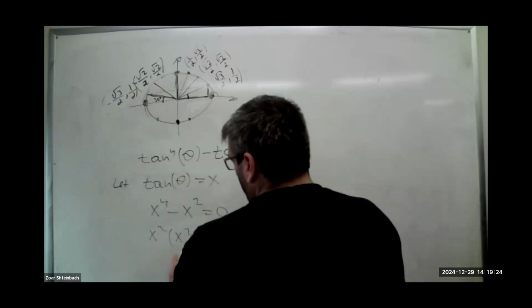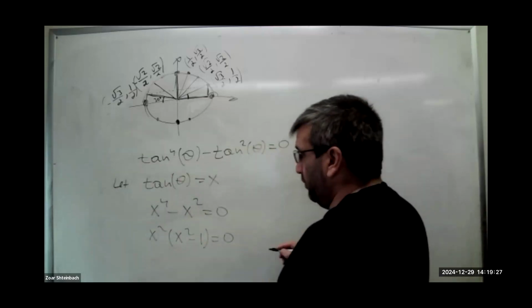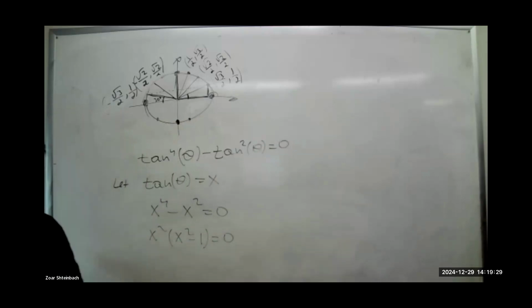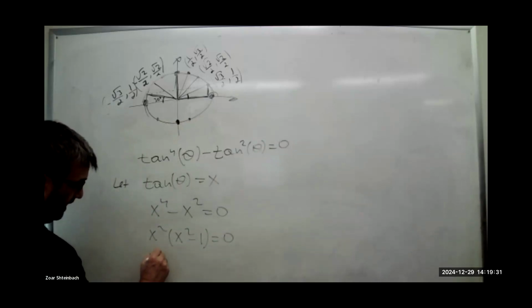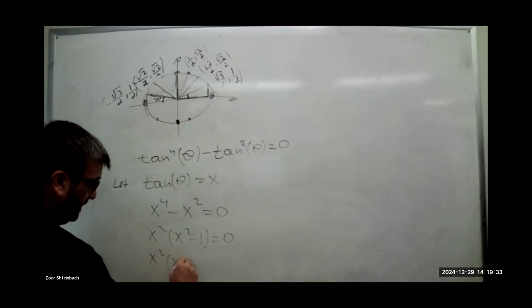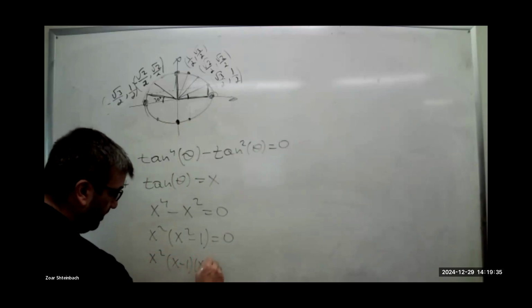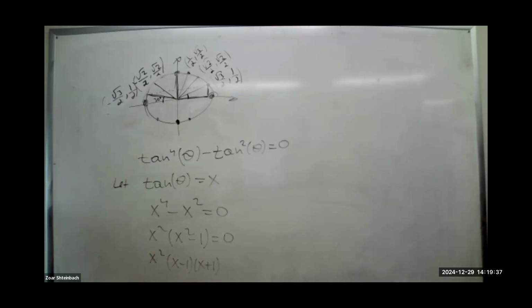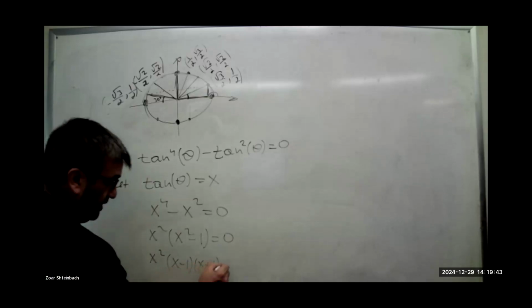Then what else can we do? We can factor x squared minus 1, right? It's a difference of squares. We have x squared, (x minus 1), (x plus 1) equals 0.